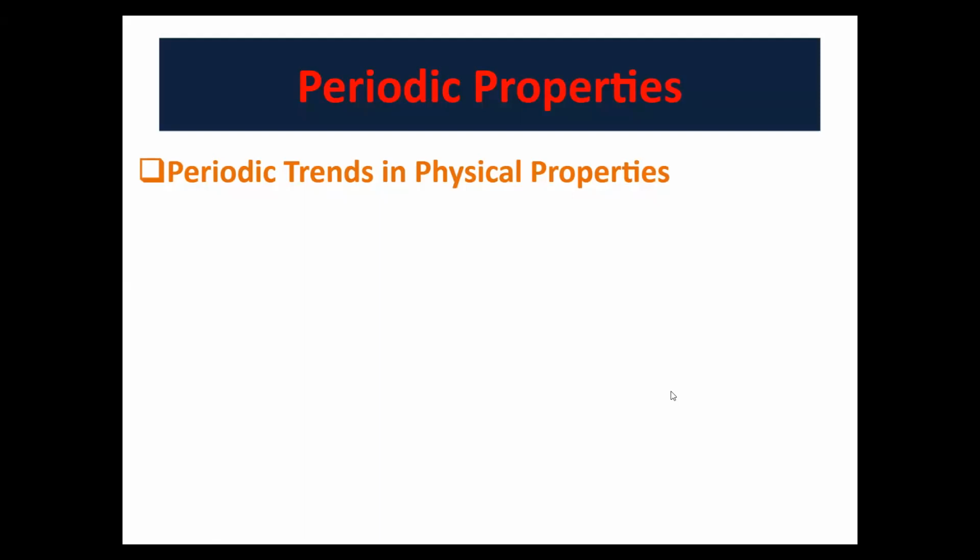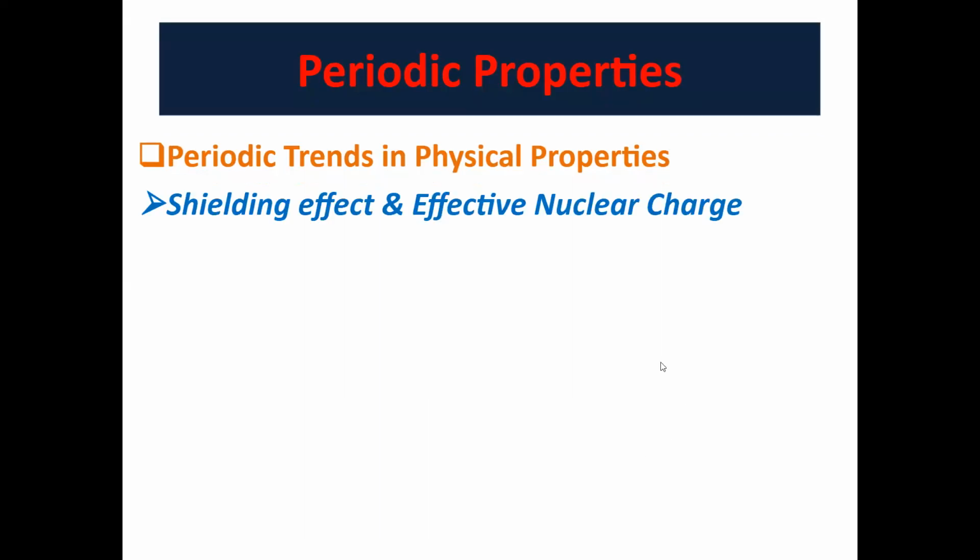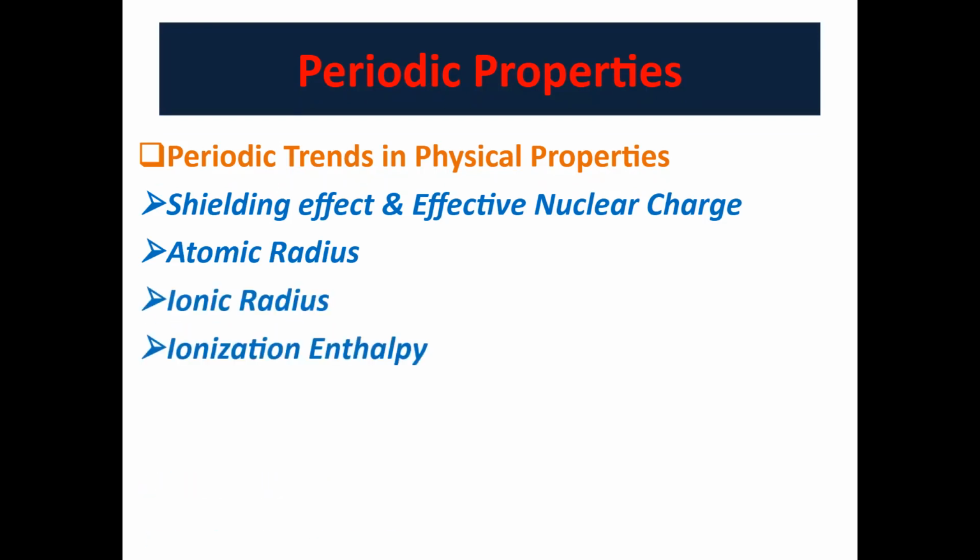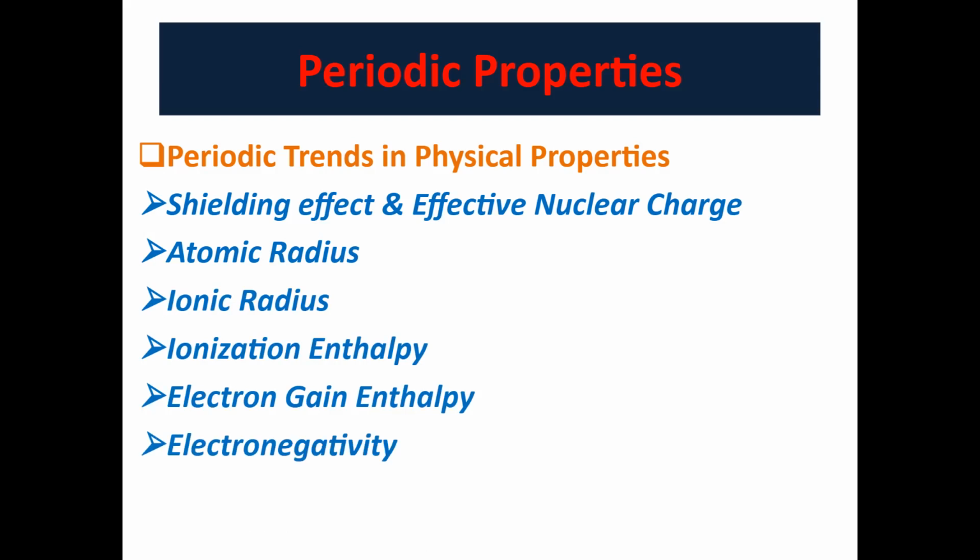Okay. These are the periodic properties we are discussing. So what are the periodic properties? Now I am dividing them into two types. Some belong to physical properties, some belong to chemical properties. See here in this slide, periodic trends in the physical properties: shielding effect and effective nuclear charge, atomic radius, ionic radius, ionization enthalpy, meaning ionization energy, electron gaining enthalpy, electronegativity.